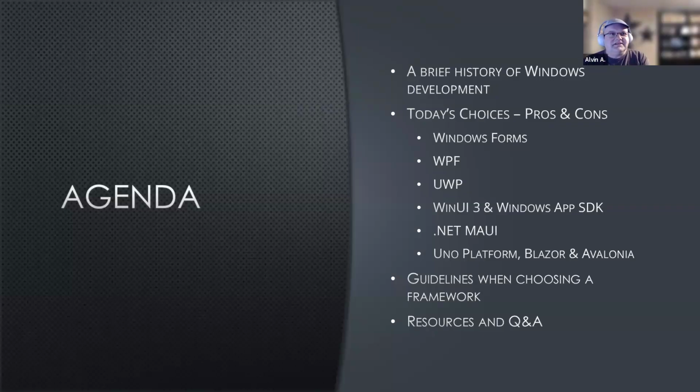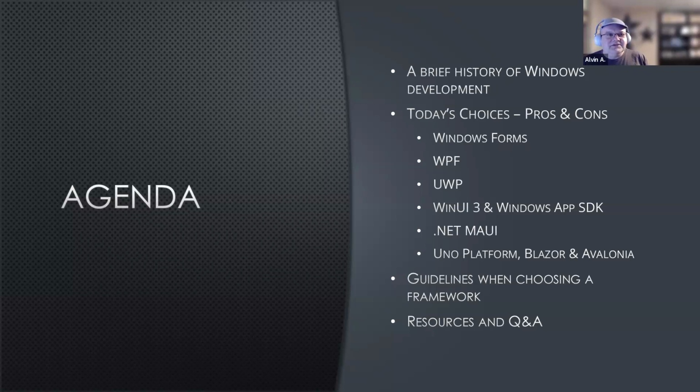Okay, let's take a look at tonight's agenda. We're going to start with an overview of a little bit of history of Windows development since the introduction of .NET in the early 2000s. And we'll look at some reasons why you may or may not decide to choose each of the UI frameworks that are out there, followed by a look at some code for each of them.